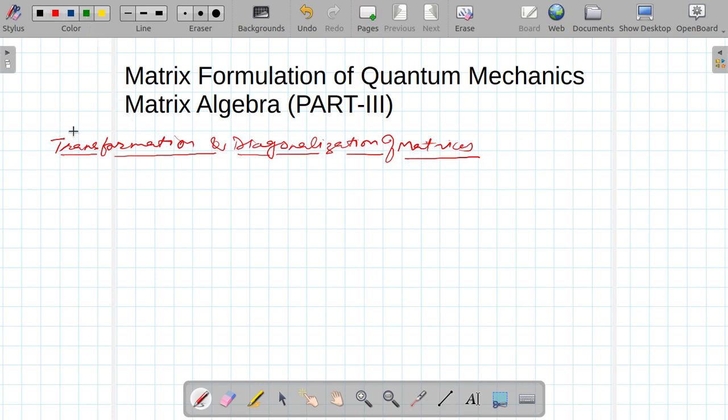So I will start my topic with the transformation of basis vectors. First of all, I will talk about basis vectors and then I will talk about the vectors.